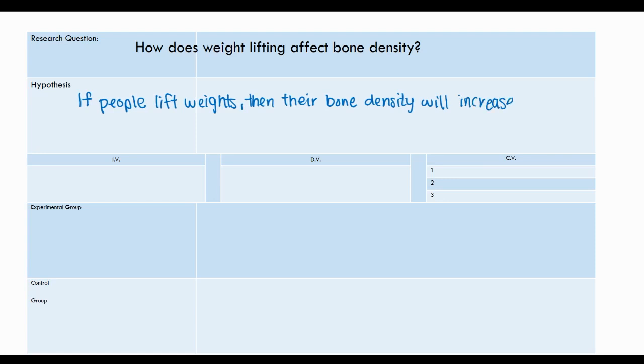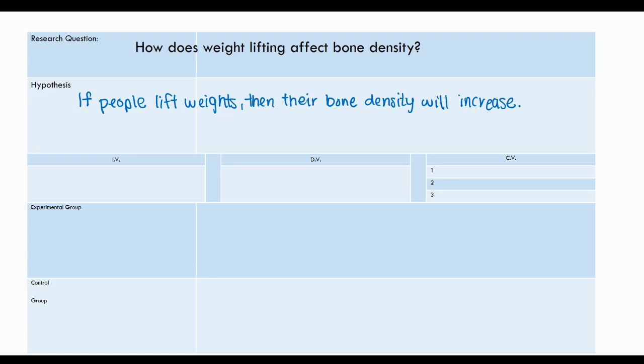And so we always want to describe how the independent variable would influence the dependent variable. In this case, we are saying that it would cause it to increase.